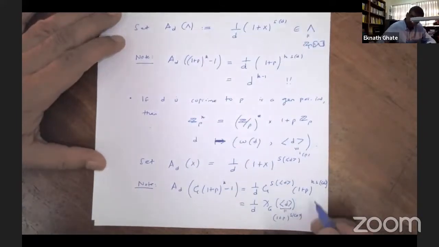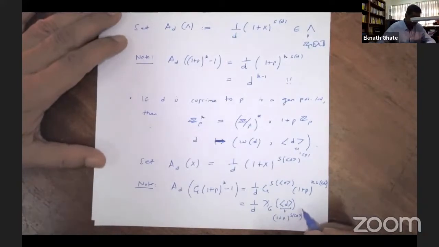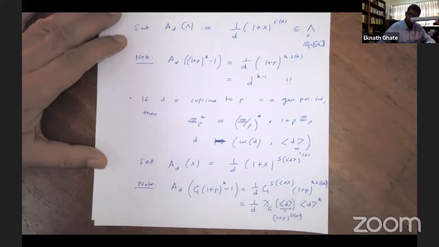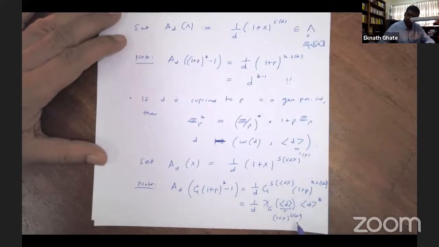And here we get just 1 plus p to the s of d, which again is diamond d by definition, to the k. Okay, so this was the same thing, but inside a little bit easier, because 1 plus p to the s of d was just diamond d.